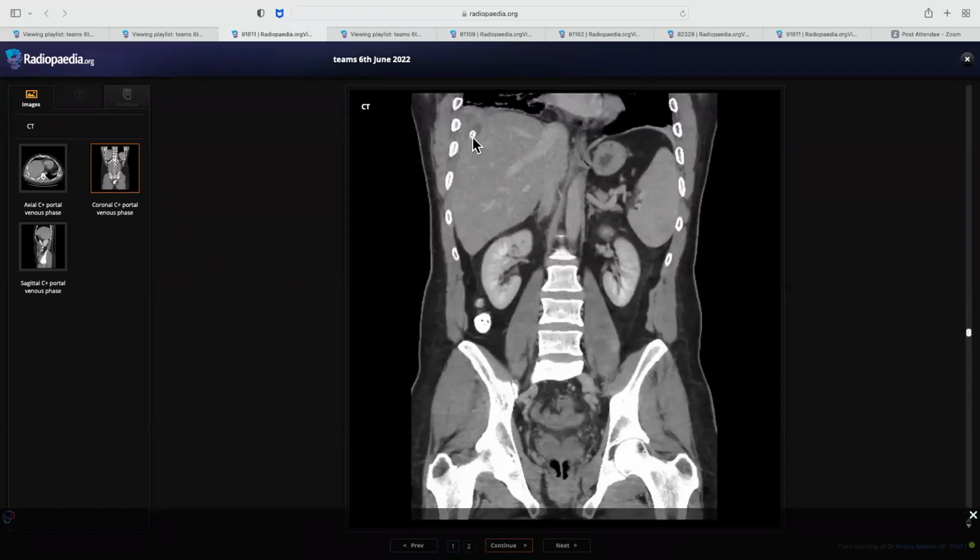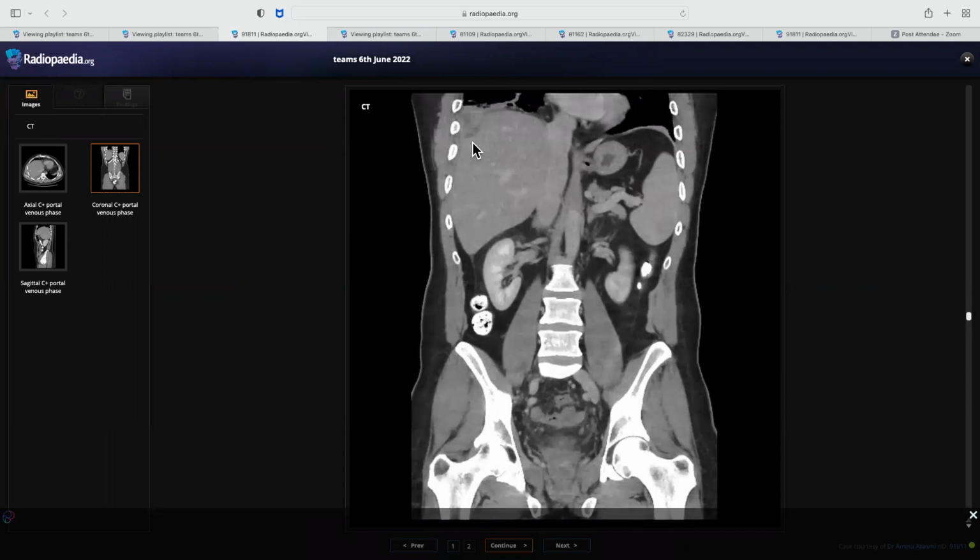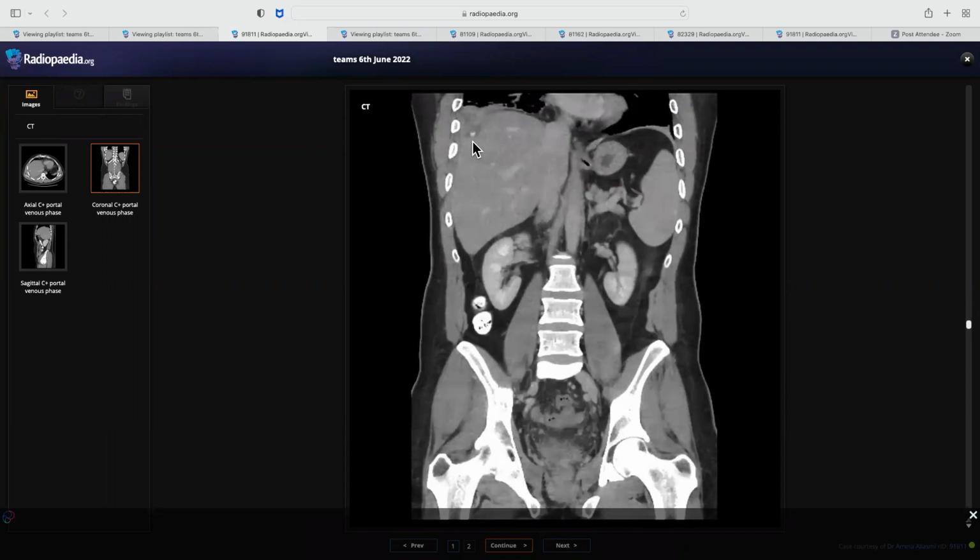It's not the shape of a gossypiboma, but maybe it's a stone, maybe a flipped appendicolith. Okay, and then what happens? Then there is infection surrounding it, and there is infection within the lower part of the right lung as well, and there is fluid. So I think there is abscess formation surrounding it.